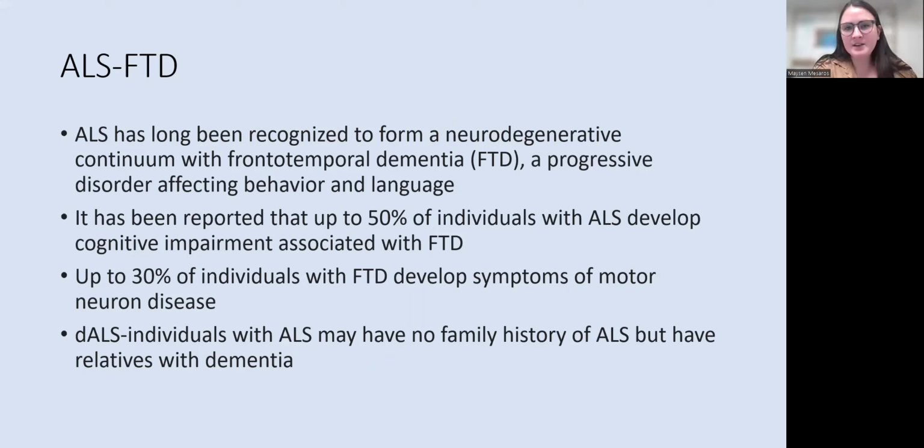Something that is important to know is that ALS actually has been long recognized to form this sort of neurodegenerative continuum with a condition that's called frontotemporal dementia, or FTD for short. FTD is a progressive disorder that affects behavior and language.